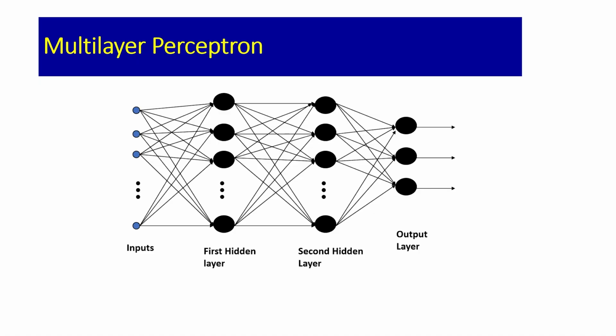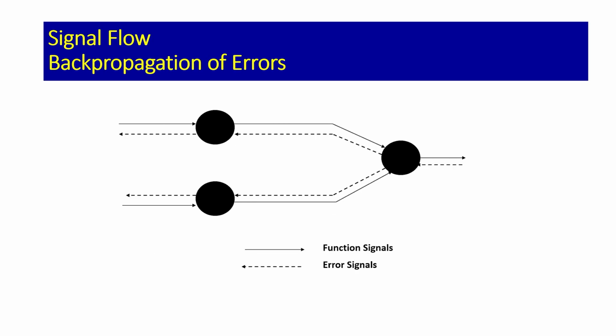To give you perspective, here you have 4 layers: 2 hidden layers, 1 input layer and 1 output layer. In the input layer you have multiple data x1, x2 to xn. The hidden layers also have multiple perceptrons, and finally the output layer also has some. So, how do the signal and errors propagate?